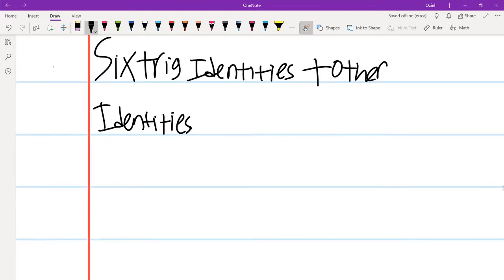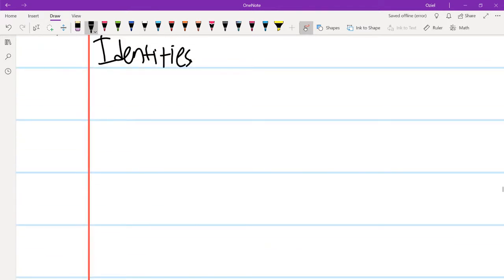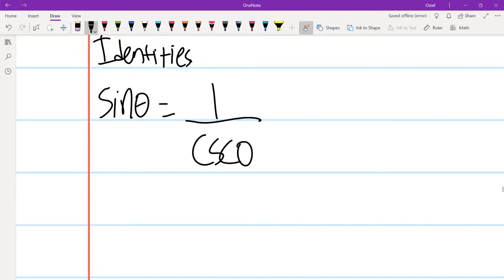And so our first identity is going to be sine of theta equals 1 over cosecant of theta. That's for our first identity.